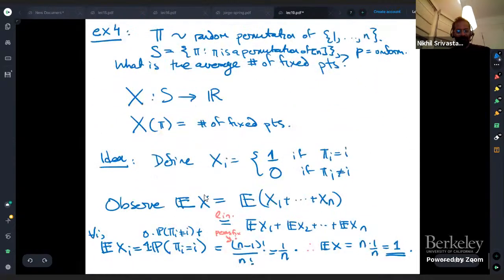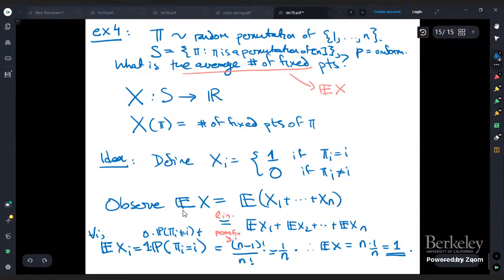All we're saying is that we wanted to compute the average number of fixed points, which corresponds to the expectation of X, where X is the number of fixed points of pi. Okay, thank you.